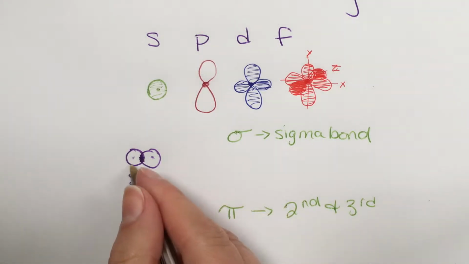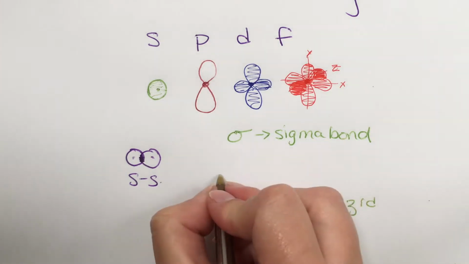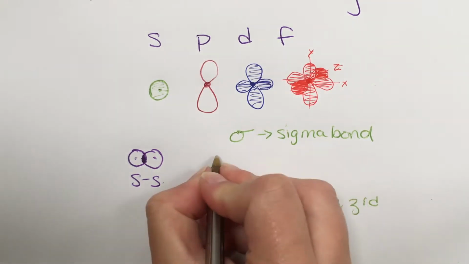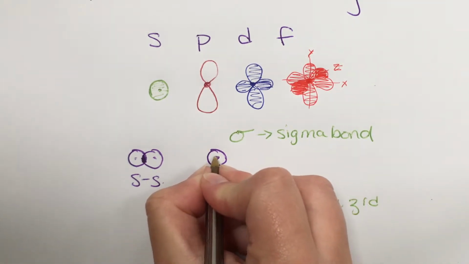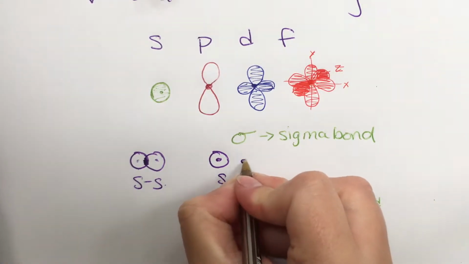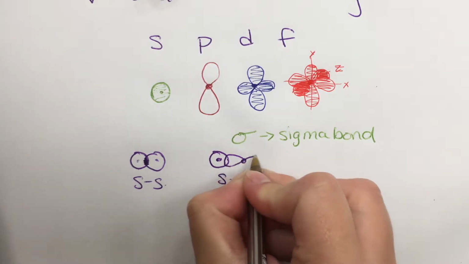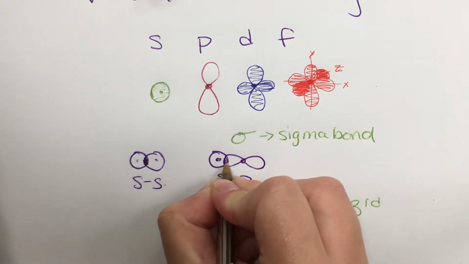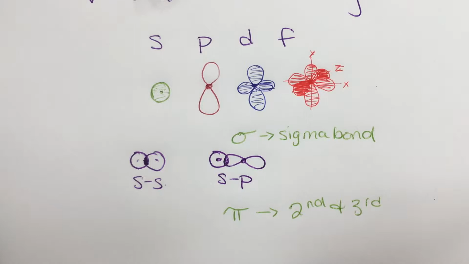So that is an s to s bond, and then you can have an s to p bond, where you have something like this from the s block, like hydrogen, and then something from the p block, like maybe chlorine, and they overlap here. So that would also be a sigma bond.